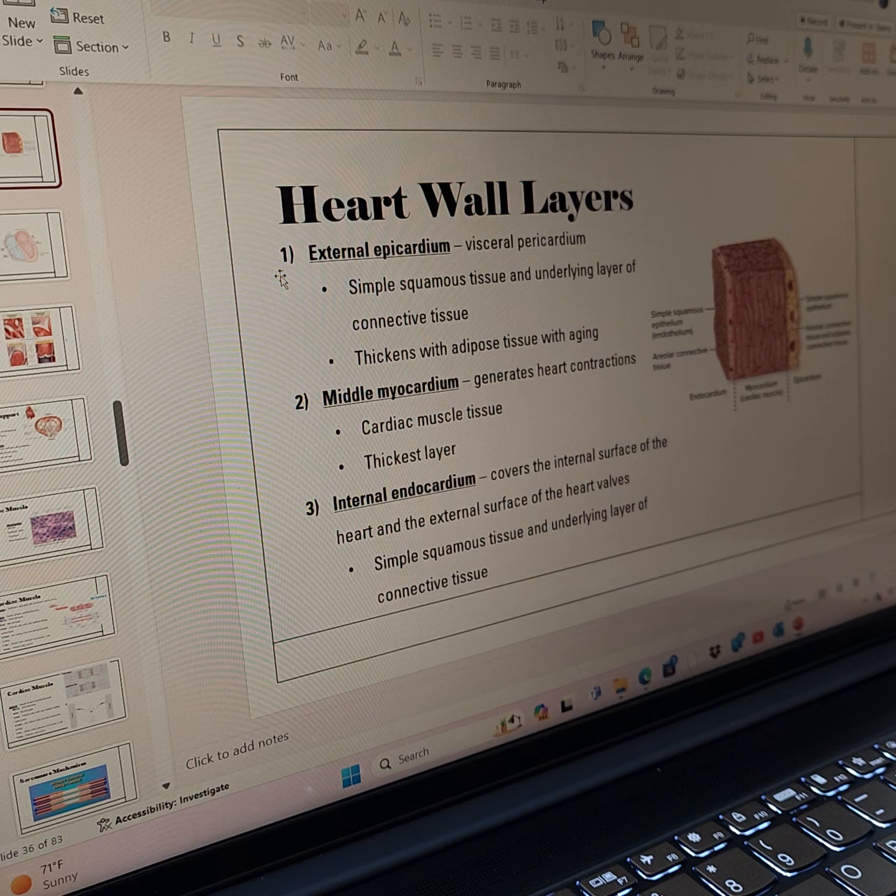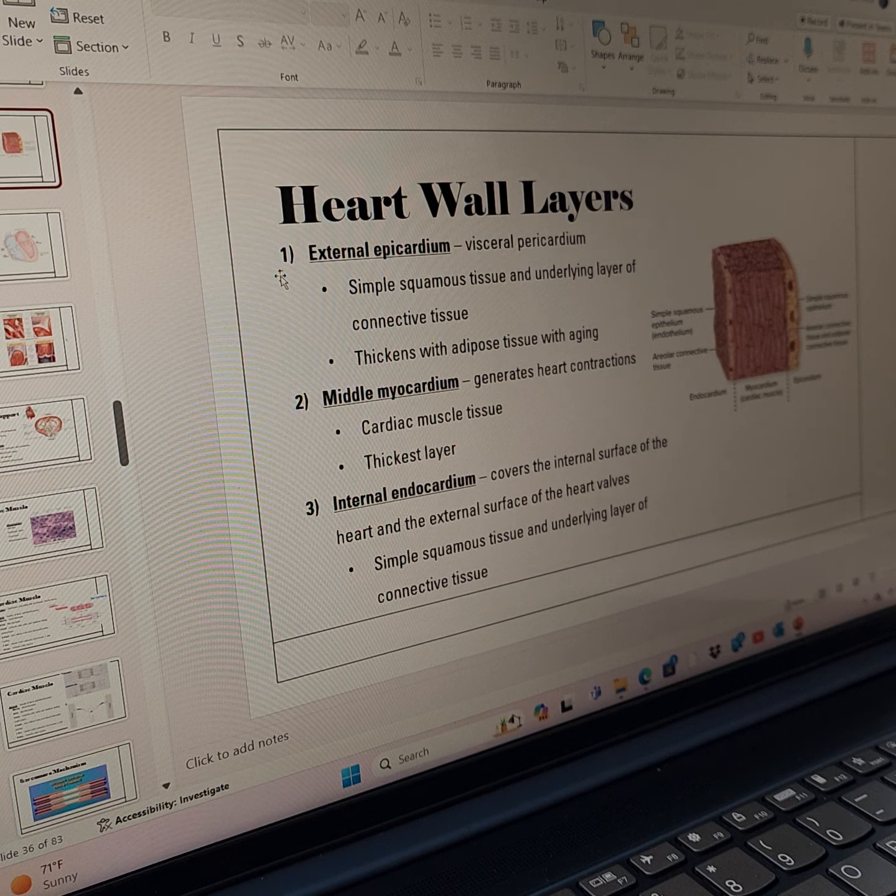Thickens with adipose tissue with aging. So this is going to be a very thin cell structure, simple squamous epithelium on the very outside, so a thin layer. Epicardium is generally exhibited as yellow to indicate the areolar connective tissue and adipose connective tissue.